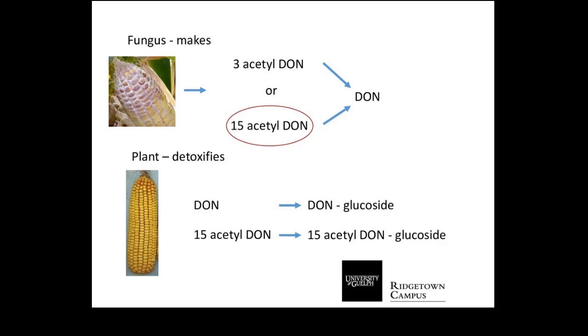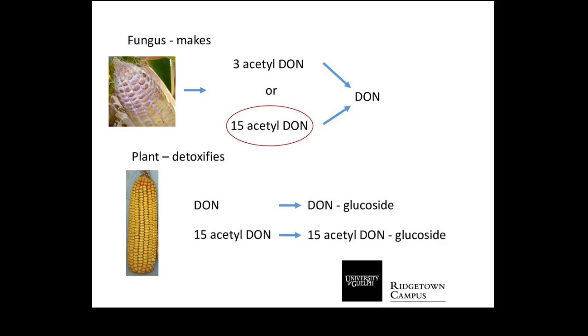What happens is a sugar molecule gets added to them, and that helps the plant to detoxify the DON and the 15-acetyl-DON. So it's a defense mechanism of the plant. And so in your sample, you'll also find these glucosides. And they're about 10 times less toxic than their parent compounds.